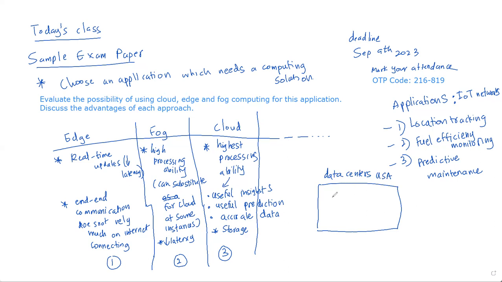These companies have built these data centers with very powerful computers, and these powerful computers are able to keep these servers and do multiple tasks at the same time. So these resources are available in these specific locations in the world, right?